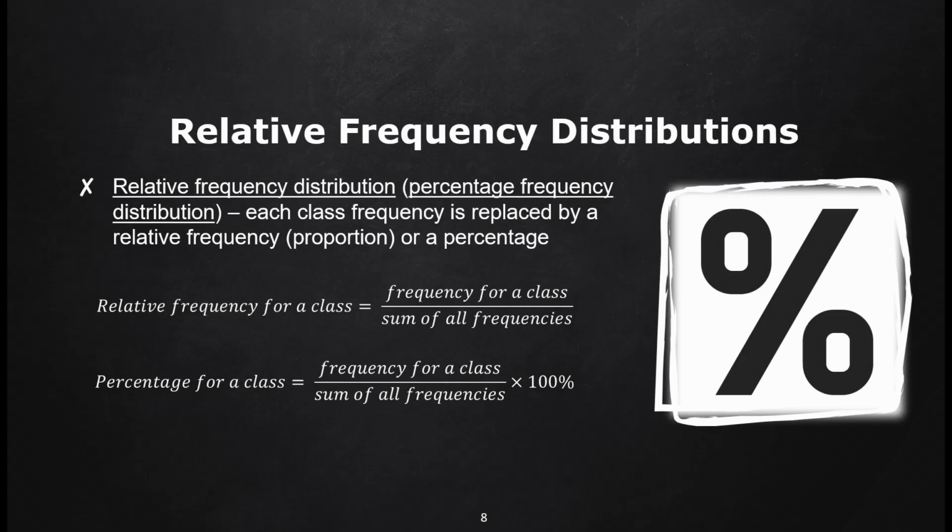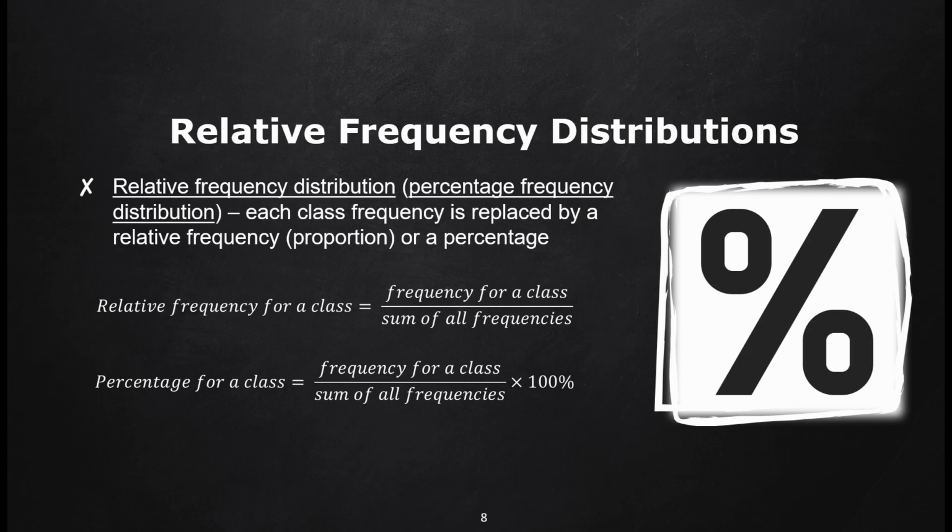Aside from a normal frequency distribution, we also have a relative frequency distribution, also known as a percentage frequency distribution. Now here, instead of keeping track of frequencies, we keep track of the relative frequency, also called a proportion, also called a percentage, hence the percent sign on the right here.